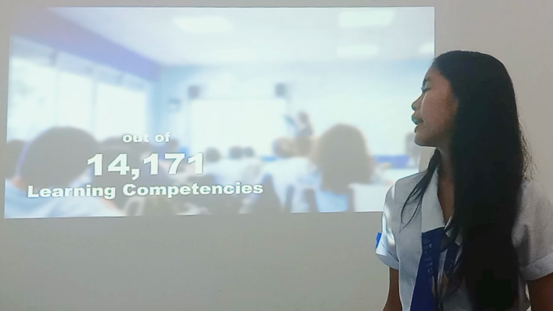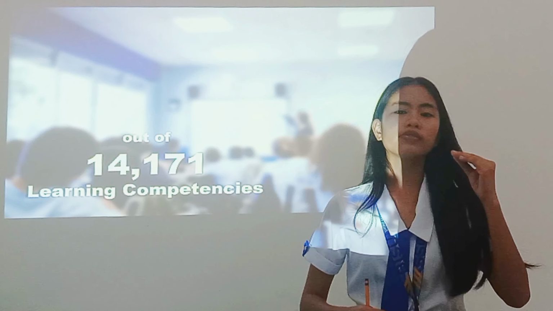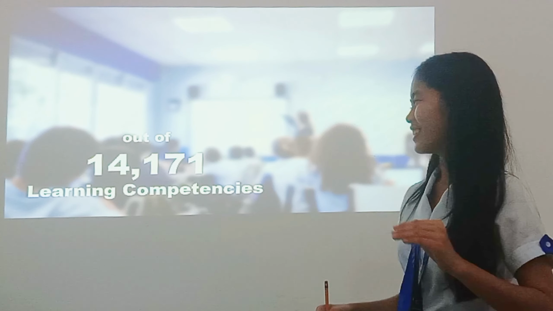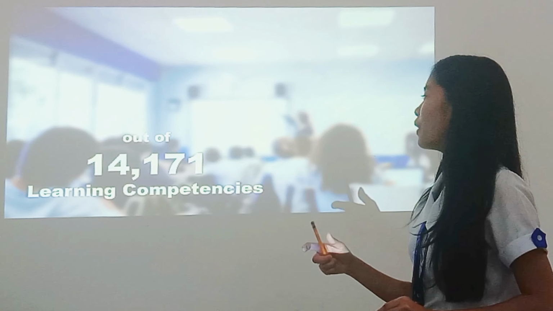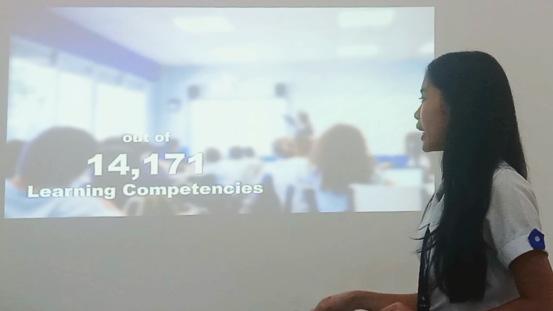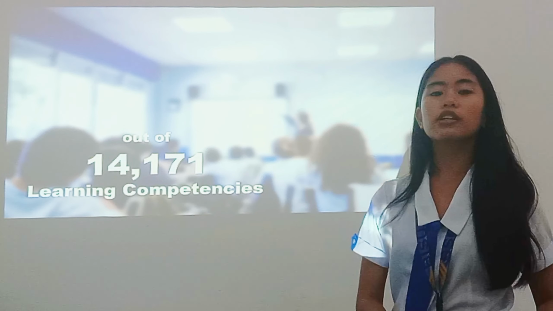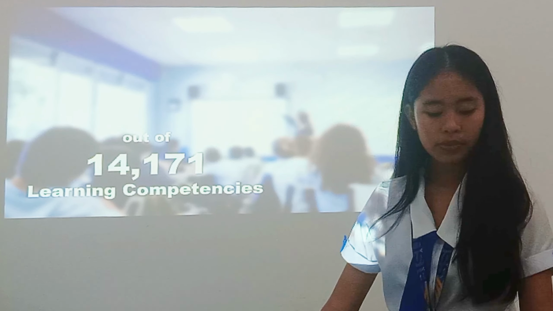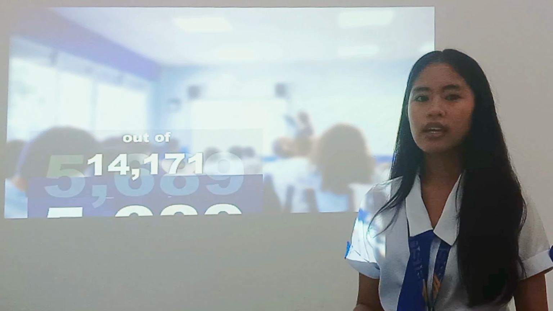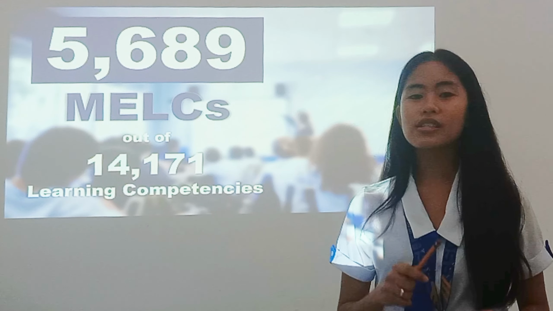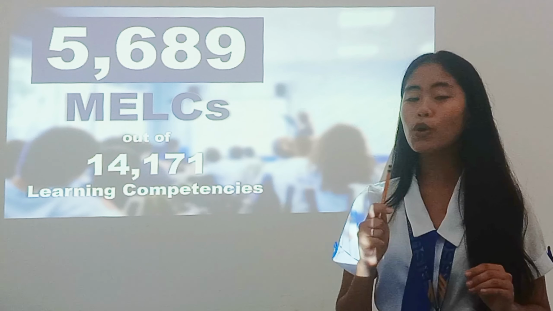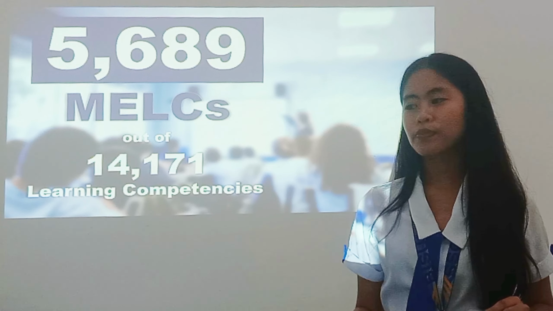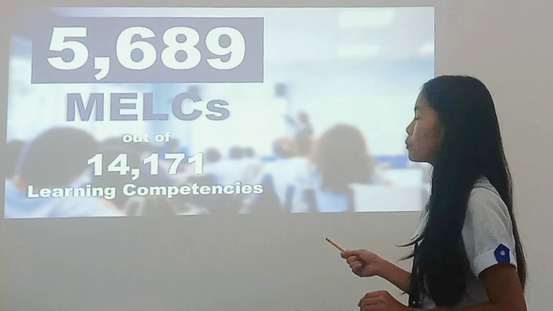Okay, so after thorough deliberation of the curricularists, out of 14,171 learning competencies from the previous set of learning competencies, they obtained 5,689 most essential learning competencies in the current set.